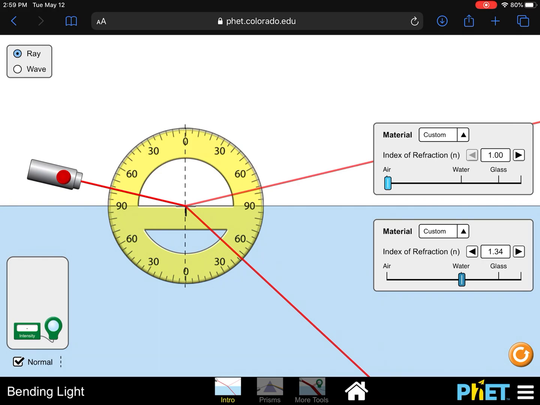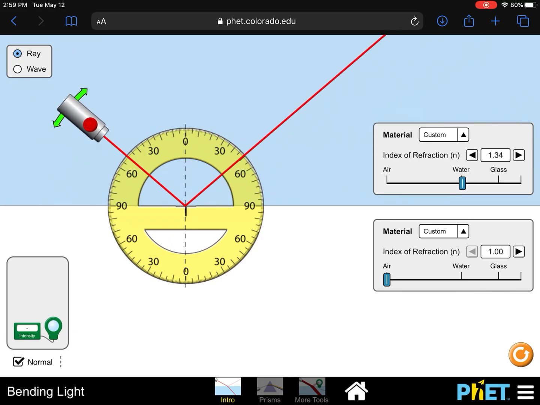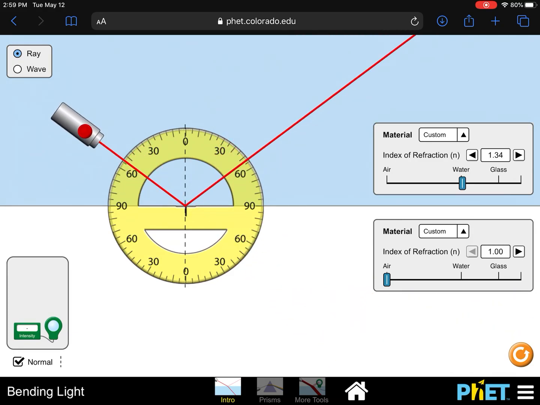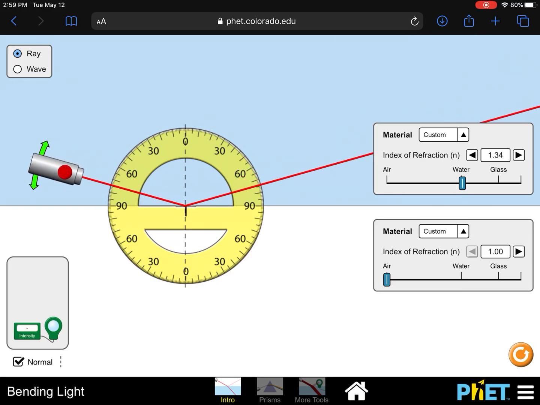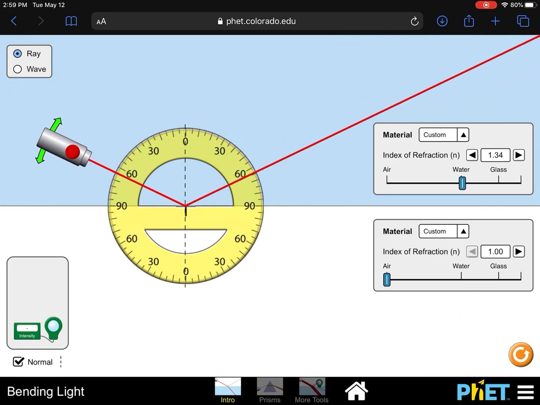PhET simulation, I'm going to change a couple things because we can't move the laser underneath. So let's say we have, this is kind of like the problem, it's just flip-flopped. At the top in the blue, that's our water, and the light is coming from below. You'll notice right here, none of it goes into the air. All of the light is reflected, meaning bounced off, within that medium.